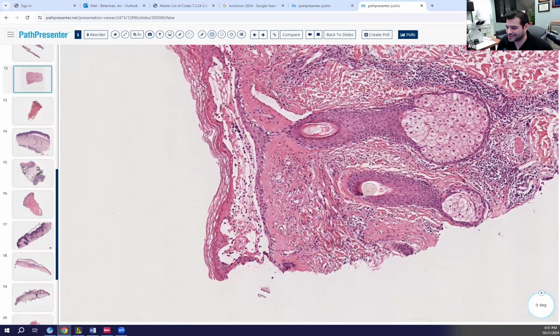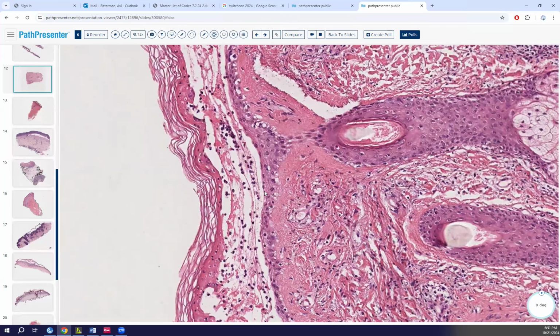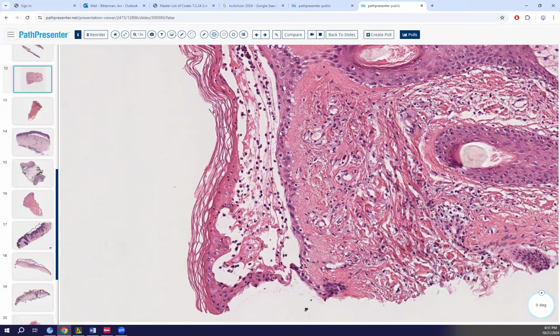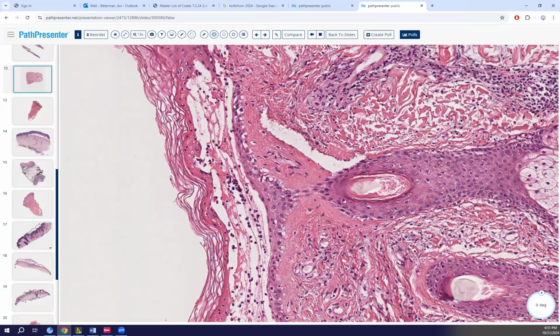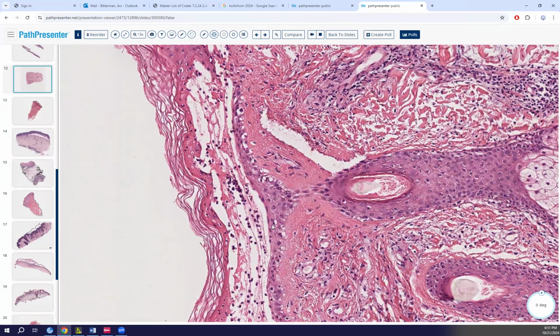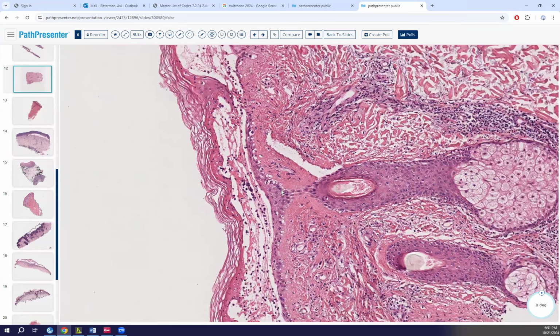What's going on? Yeah, so you can clearly see the basal layer of epidermis. Does that have to do with the hair follicle that's right there?